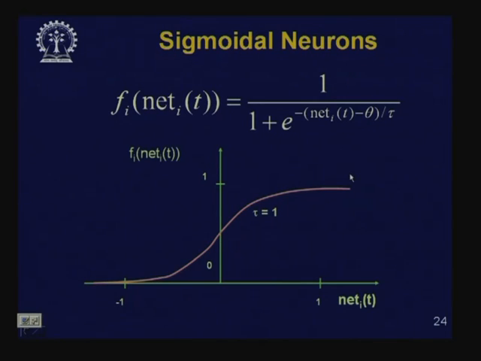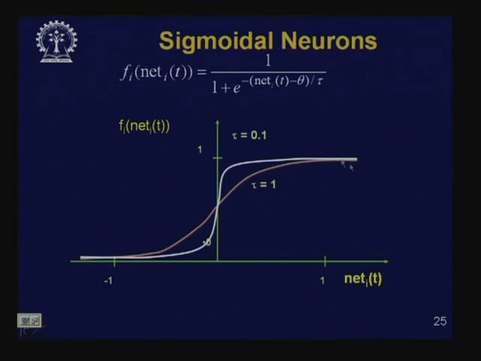For example, if tau is equal to 1, this pink curve shows us the resulting sigmoid function. If tau is equal to 0.1, then we get this white curve, which you see is steeper than the curve with tau equal to 1.